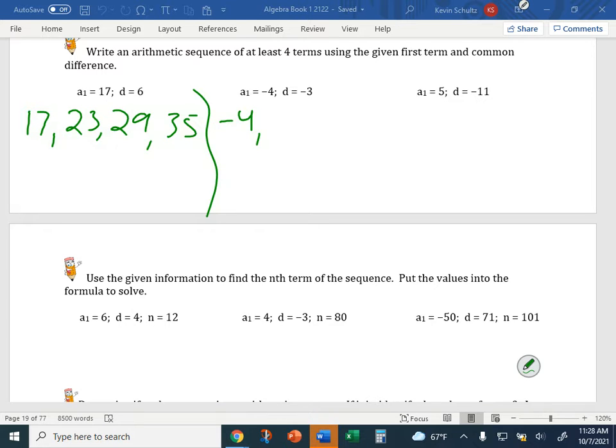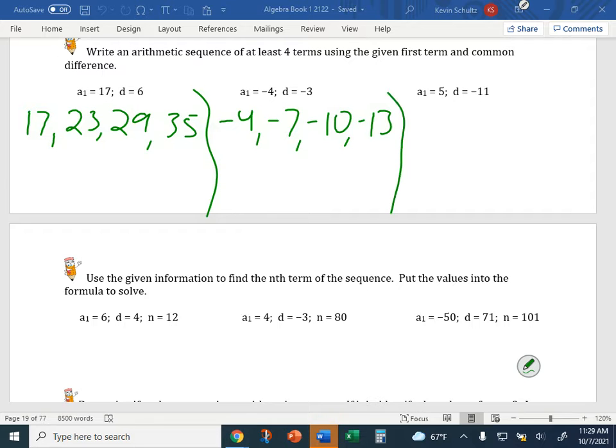With a D value of -3. -7, subtracting 3. Okay? So here's our first example of where that D is negative, and all it means is that the pattern is with subtraction. Leah, what would come next? Connor? -10. Subtract 3, right? And what would our fourth term in the sequence be? Sarah T?